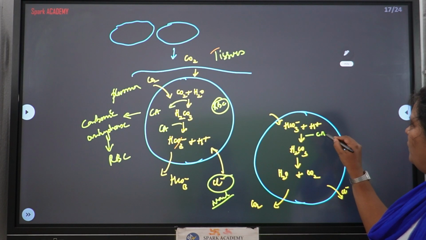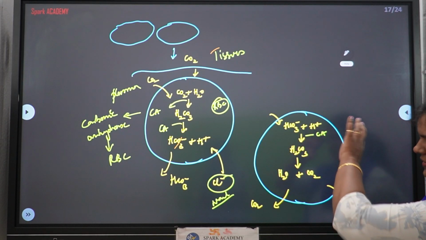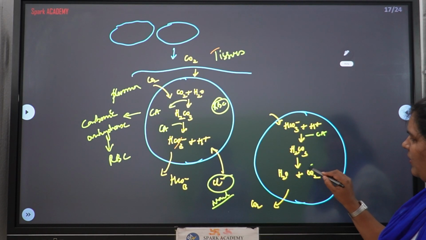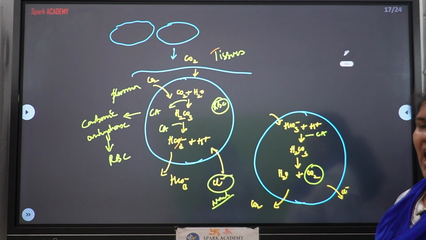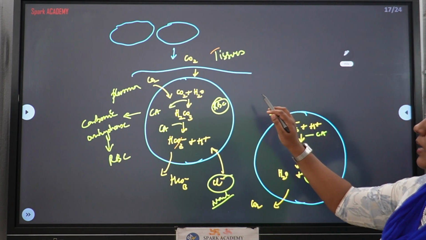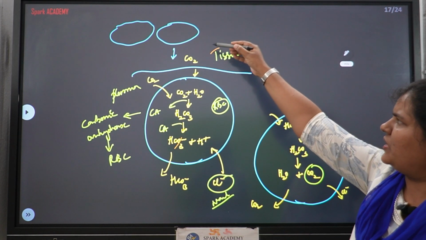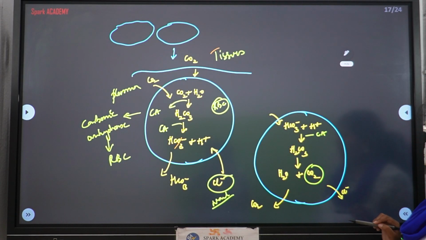Here also we need the same enzyme, and carbon dioxide is ultimately let out. From here, the carbon dioxide enters the alveoli to the outside. So this is how finally the carbon dioxide is transported from the tissues to the alveoli level.